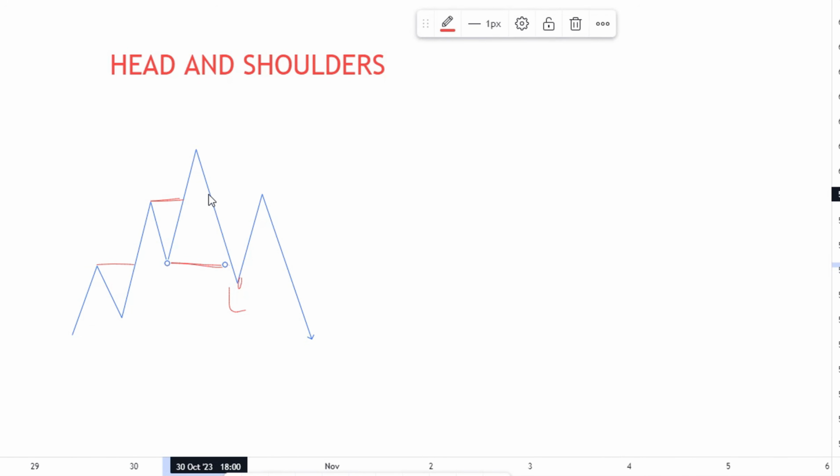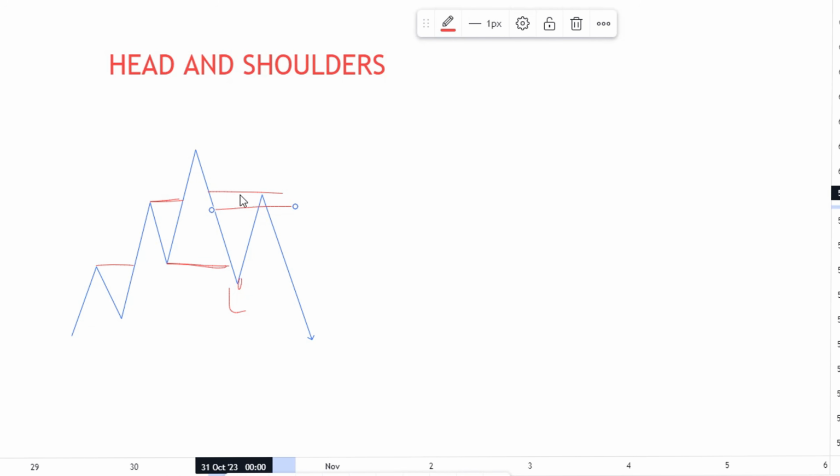We are going to be spotting some order blocks around these areas, and they will be found on the lower time frames. So if you have figured out this pattern, for example on the 1 hour time frame, you should go to the 30-minute time frame to spot your order blocks. So the first entries will be around these areas.